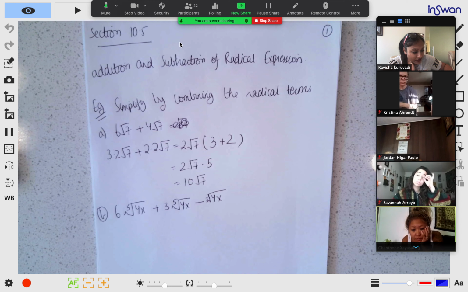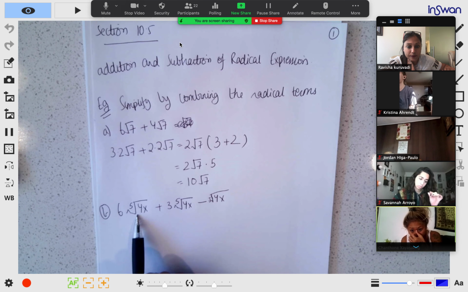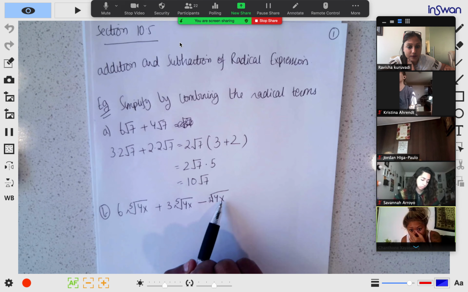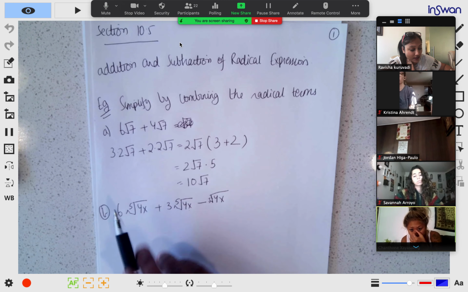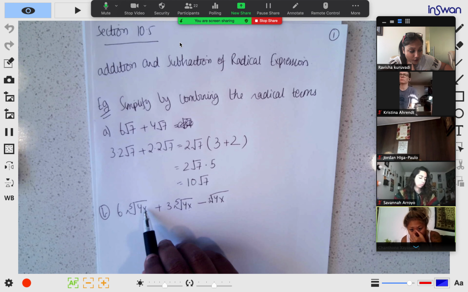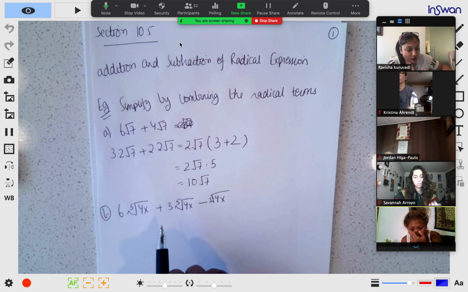What's common between 6 fifth root of 4x, 3 fifth root of 4x, and 3 third root of 4x? The 4x.